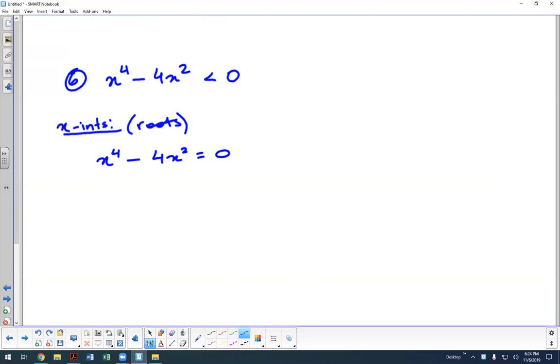Don't we just split it up into three? Okay, how do we do that? So you can take x squared out first. Yeah, so factor out x squared. X squared times x squared minus 4. Yeah, and then you can factor x squared minus 4 down into x plus 2 and then x minus 2.